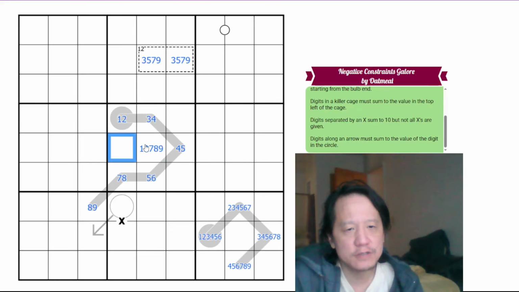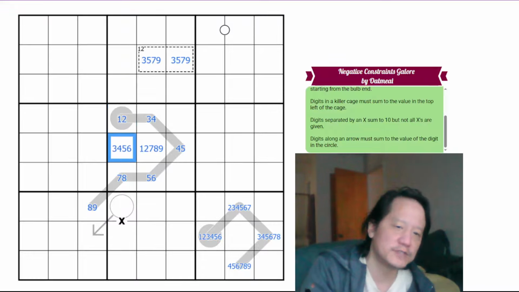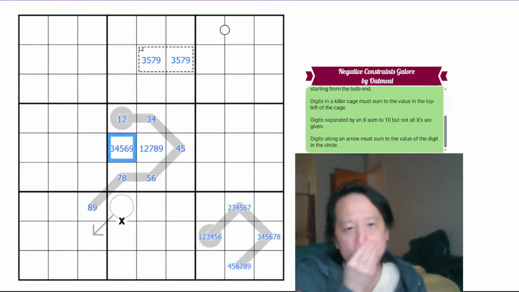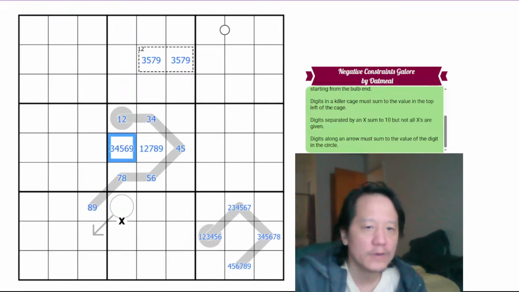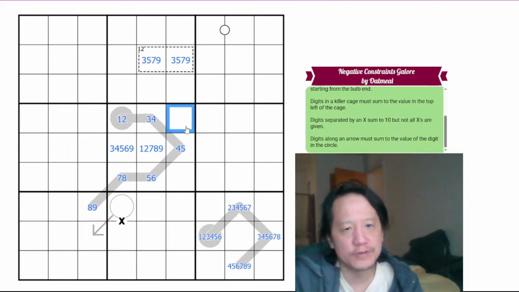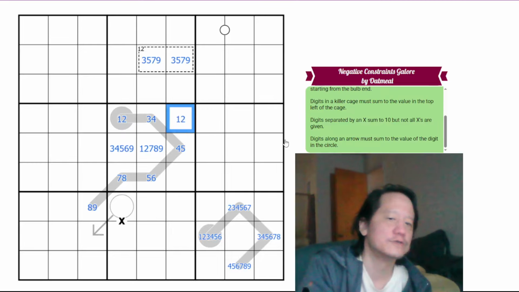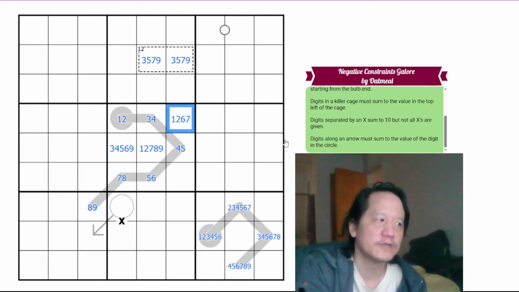This digit cannot be 1 or 2, or 7 or 8, because then they would be consecutive, guaranteed. So this is 3, 4, 5, 6, or 9. So these digits cannot be 3 or 4. 3, 4, 5. So this is 1, 2, 6, 7, 8, 9.